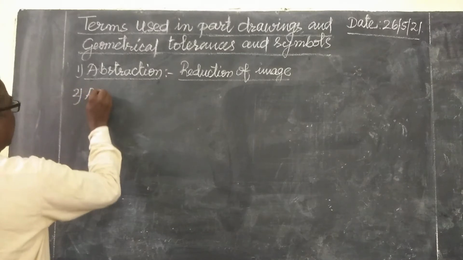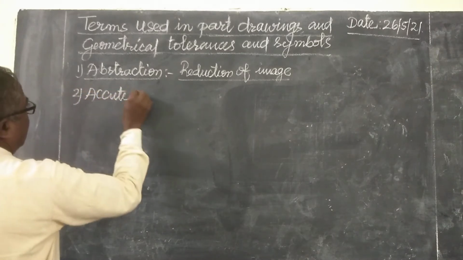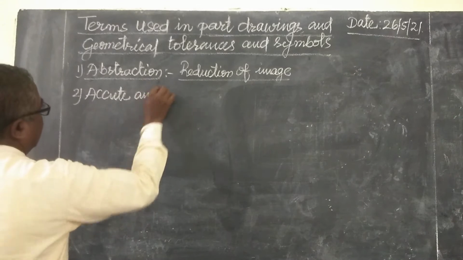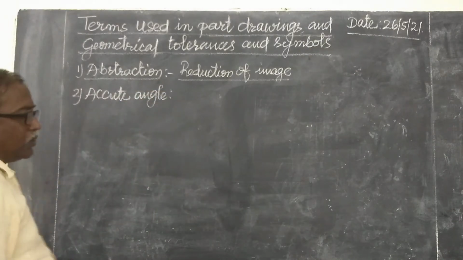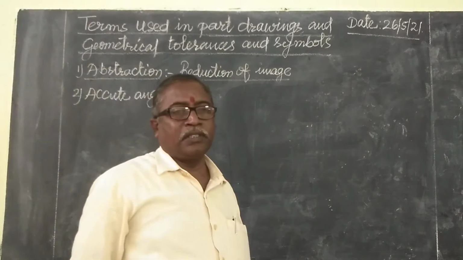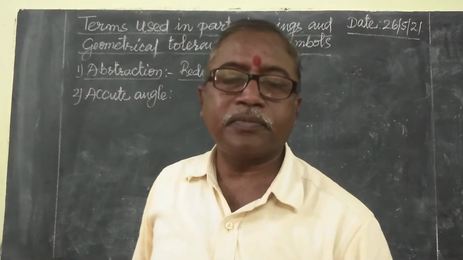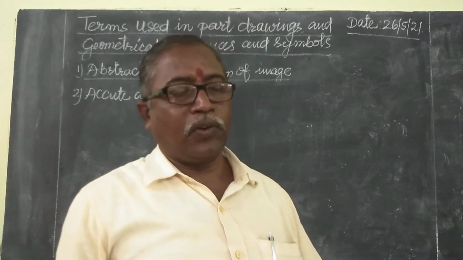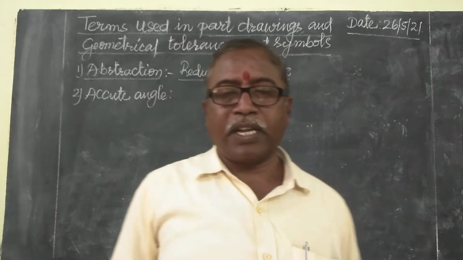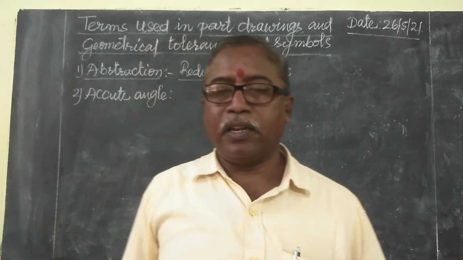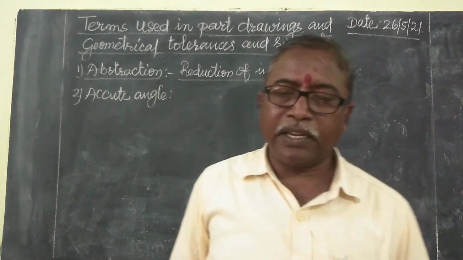acute angle. You know very well, you learned that in triangles there is an acute angle triangle, obtuse angle triangle, and right angle triangle.